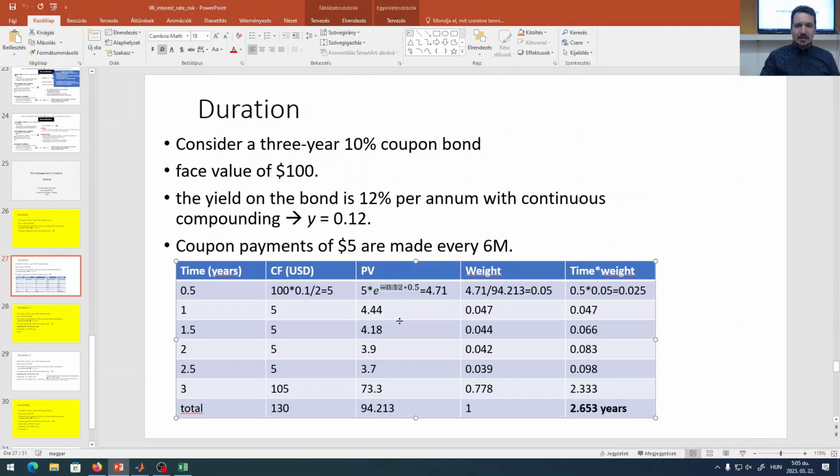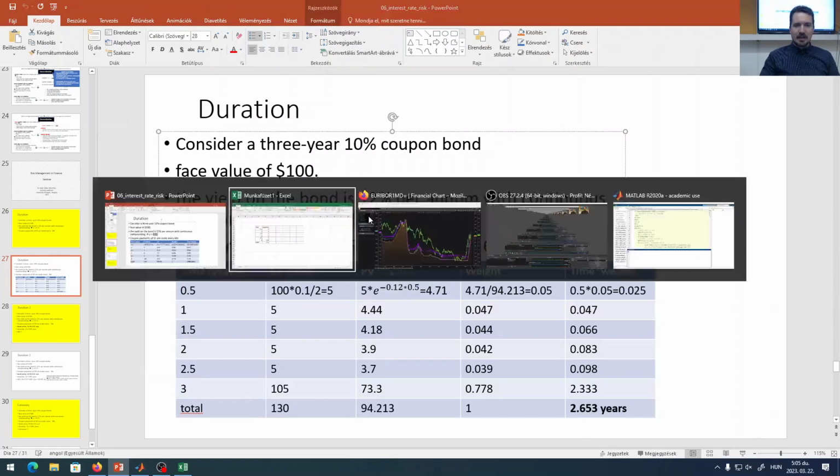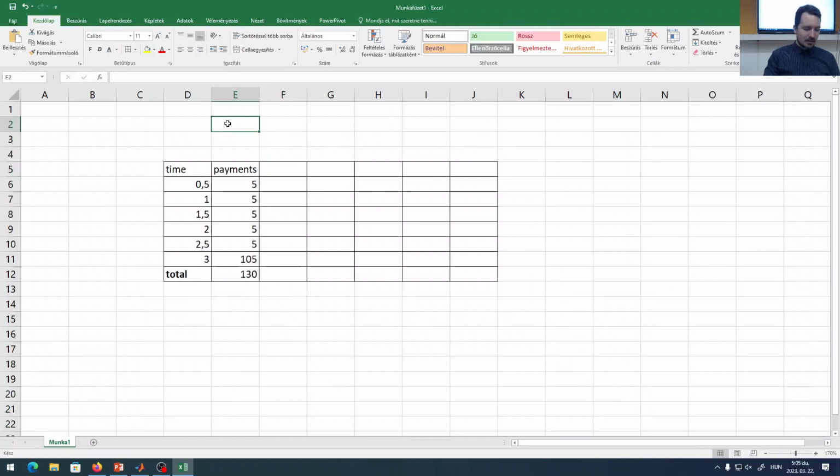So let's not confuse that this is 10% coupon, but the coupon was only relevant until the cash flows were defined. After that, yield will be relevant. This is where some of the students were failing last year. So yield.